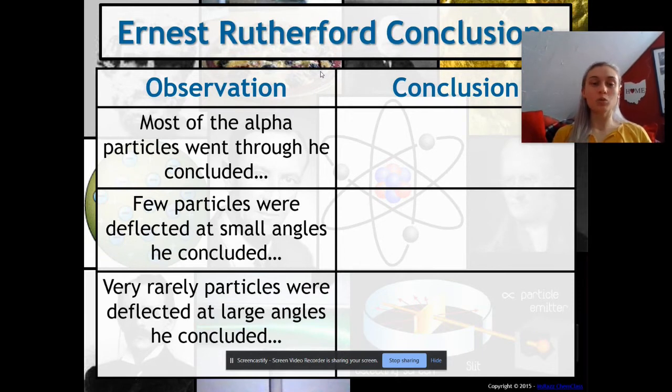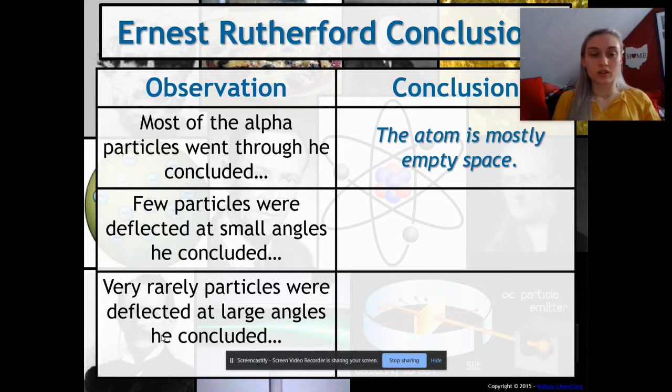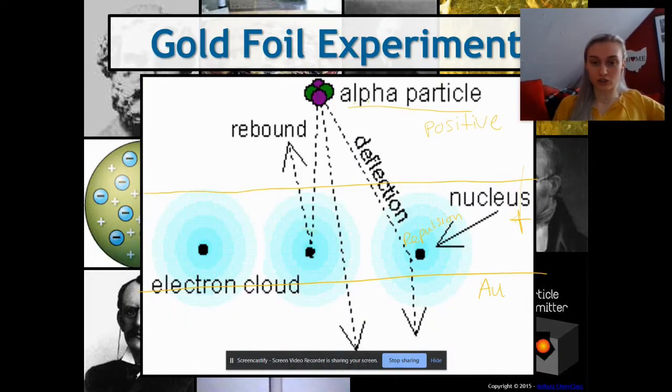So what he saw is, remember I told you that most of the alpha particles just went through, because of this path. His next observation was that a few particles were deflected at small angles. Like I told you, because of this repulsive force between positive alpha particles and positive nuclei, when the alpha particles get close to the positive nucleus, that repulsion deflects their path.